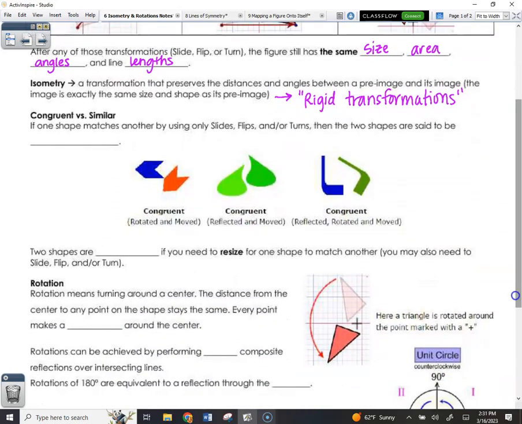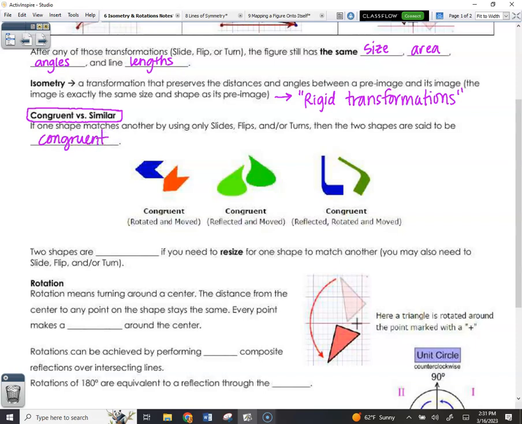Which brings us to the discussion of congruent versus similar. I want you to box that in. This is also a preview of what's to come. So everything that we did resulted in the exact same shape and size, right? It was just in a different spot. So that means that it's congruent.